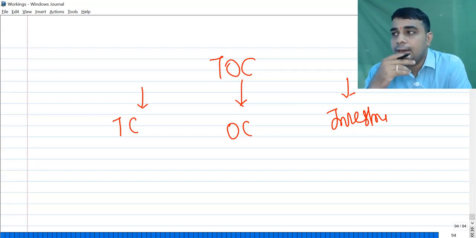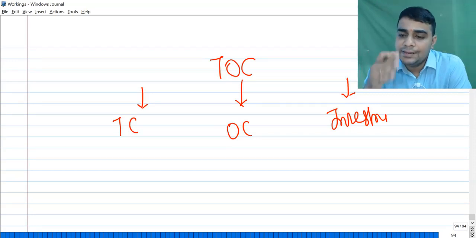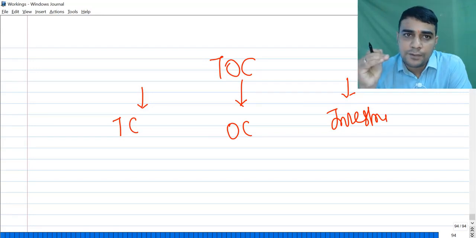What is throughput? Any idea? Okay, that is basically the rate of output of a manufacturing process, or the production which comes out of a manufacturing process.